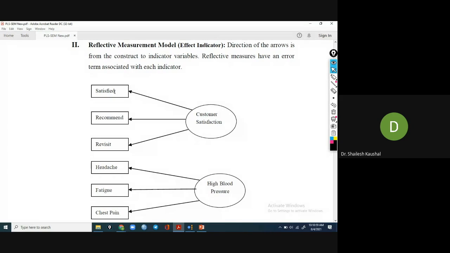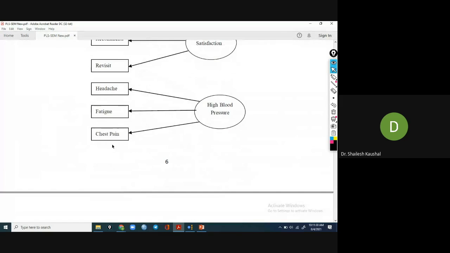By using these three indicators. If someone is highly satisfied, we can say the customer is satisfied. If a customer recommends our product to others, it means he is satisfied, because when you are satisfied, then you can recommend to others. If you are not satisfied with a product, you will not recommend it to your friend. Same as you will revisit. So these are the reflections, or reflective indicators.